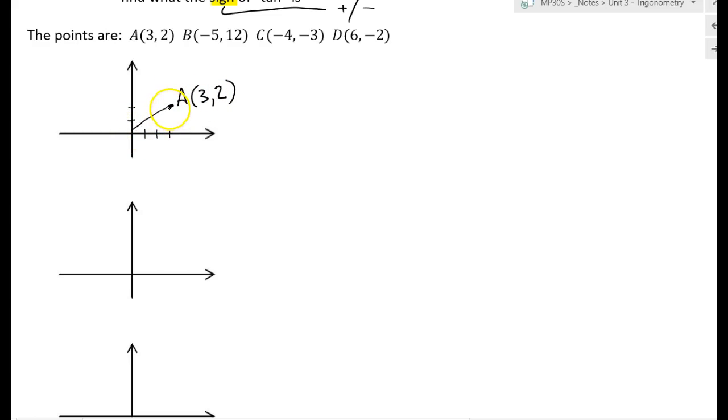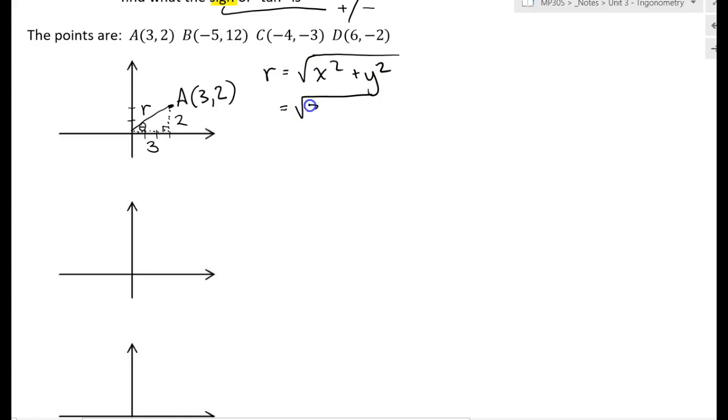So again, we can imagine that this is a right triangle, theta. And we can talk about how this vertical measurement is 2, the horizontal is 3, and we can solve for r. So r is the square root of x squared plus y squared, and we established that in our first lesson.